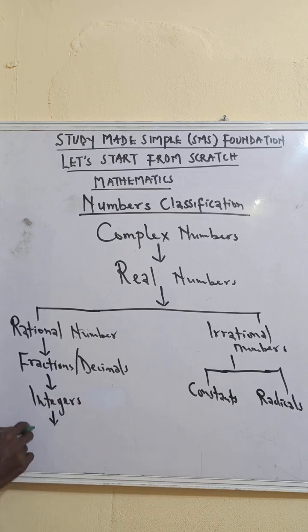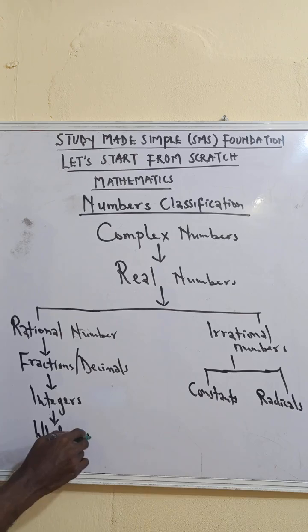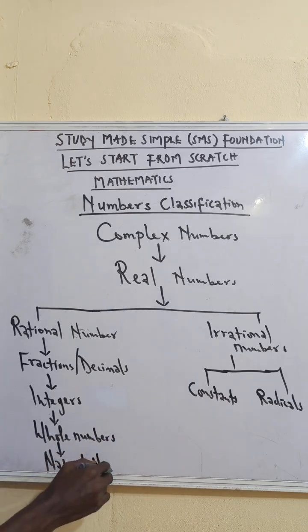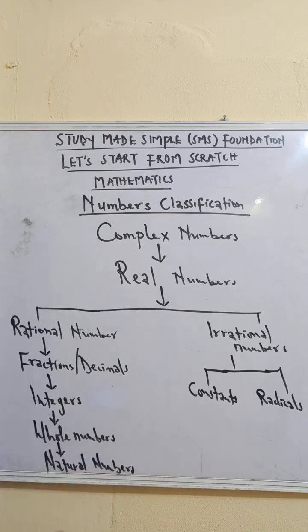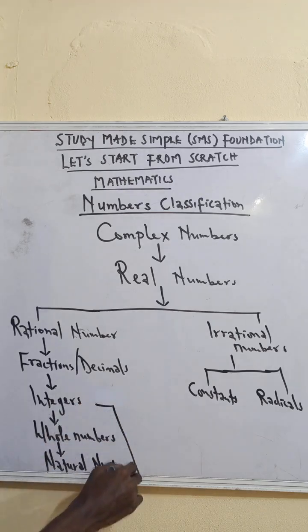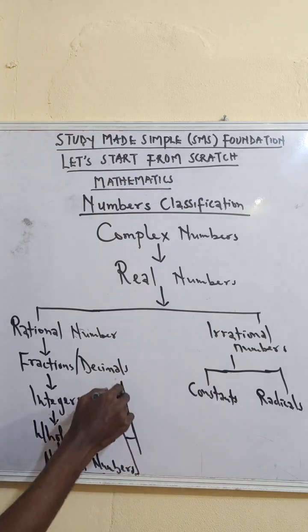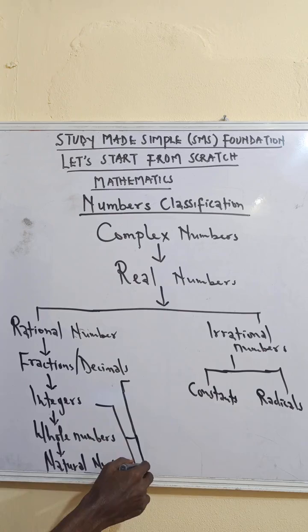After that, we have the whole numbers. And finally, we have the natural numbers. Now, these three, from integers down to natural numbers, I can break them down into the following.